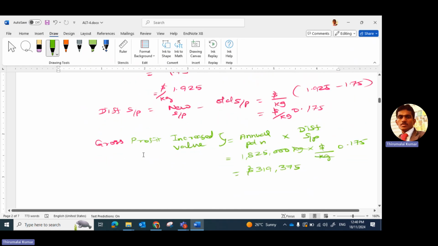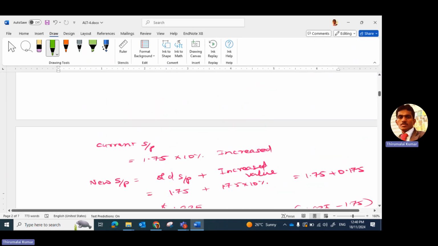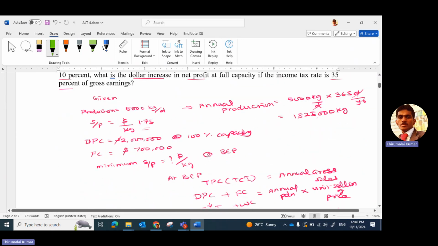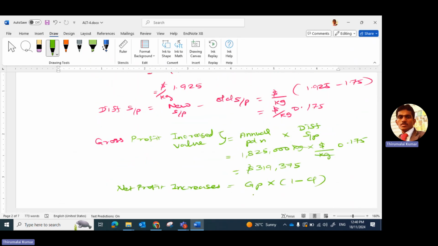So how much is the net profit? Net profit increase is equal to gross profit times 1 minus income tax. According to the given problem, the income tax value is 35%, so 35 divided by 100. So 319,375 multiplied by 1 minus 0.35.